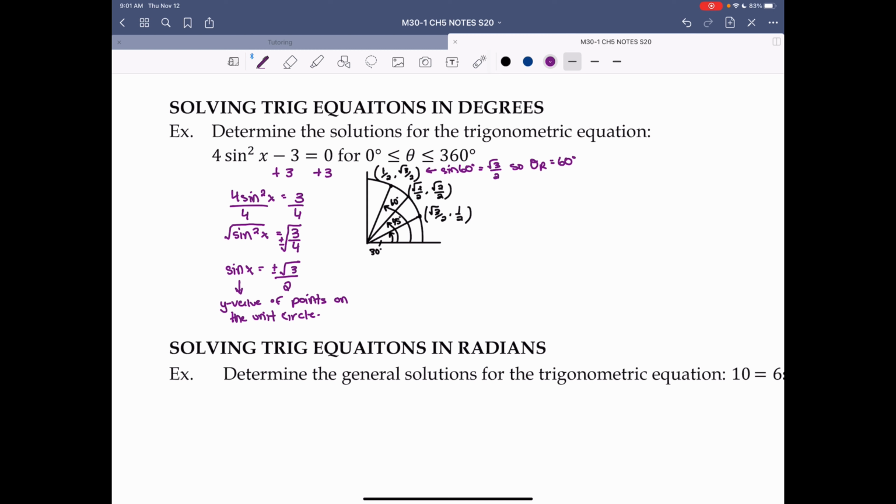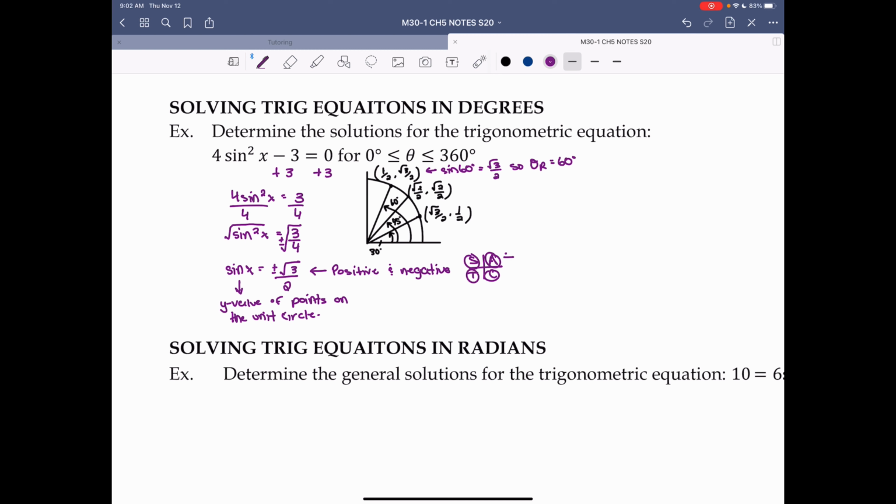Then we want to use the CAST rule to decide which quadrants our solutions are going to be in. Here we have sine x is positive and negative. So by the CAST rule, C-A-S-T, since sine is both positive and negative, we would have solutions in all of those quadrants.